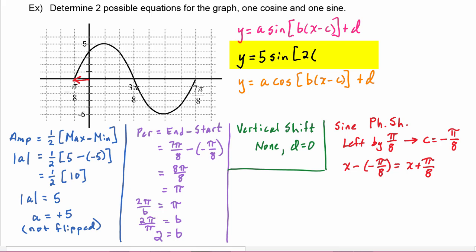We just found that the phase shift was going to the left by pi over 8, which means c is equal to negative pi over 8, which means you write x plus pi over 8 in your equation. And the vertical shift was 0, so there's nothing to add on there. So here's the equation of the sine graph.